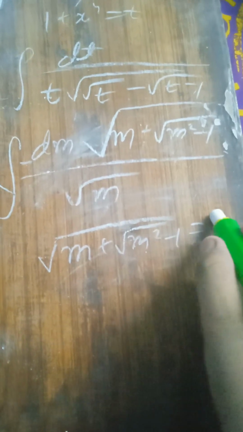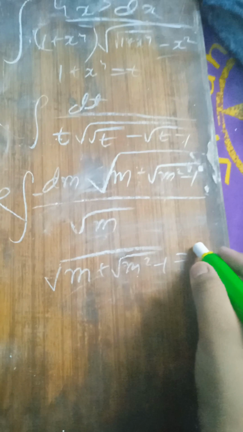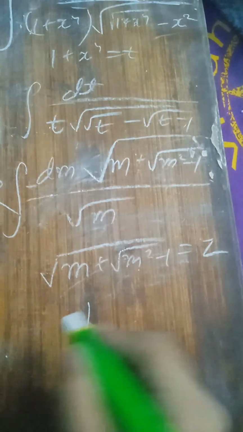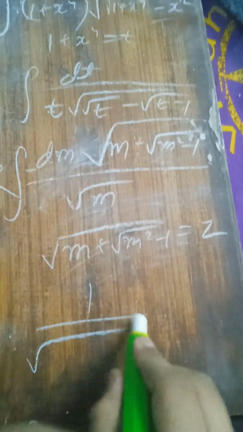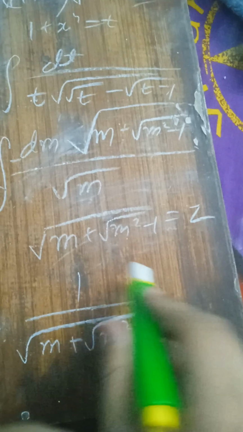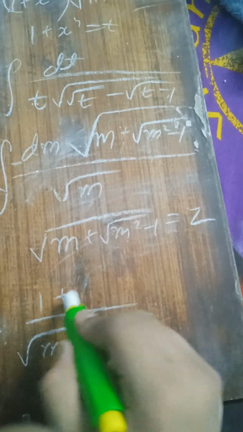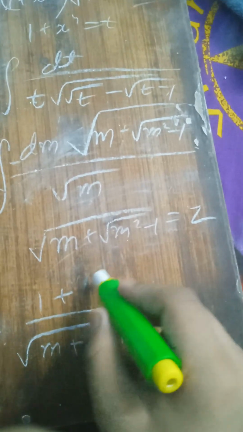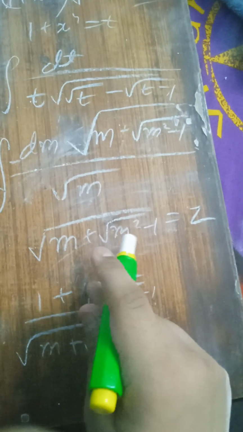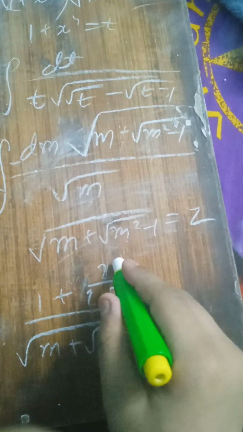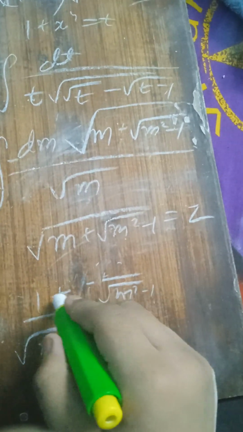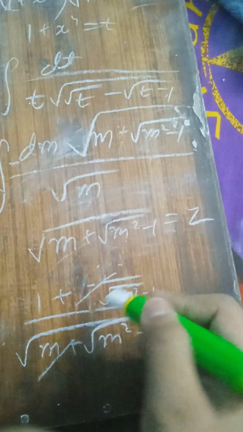I'm putting it as another variable, let's say z, and a very interesting thing is its derivative is something like m plus root of, chain rule, of course. Then the derivative of it is 1, of course with respect to m, the derivative of the root is 2 root m square minus 1, and again 2m over here, 2 gets cancelled, m remains, and it's m dm.